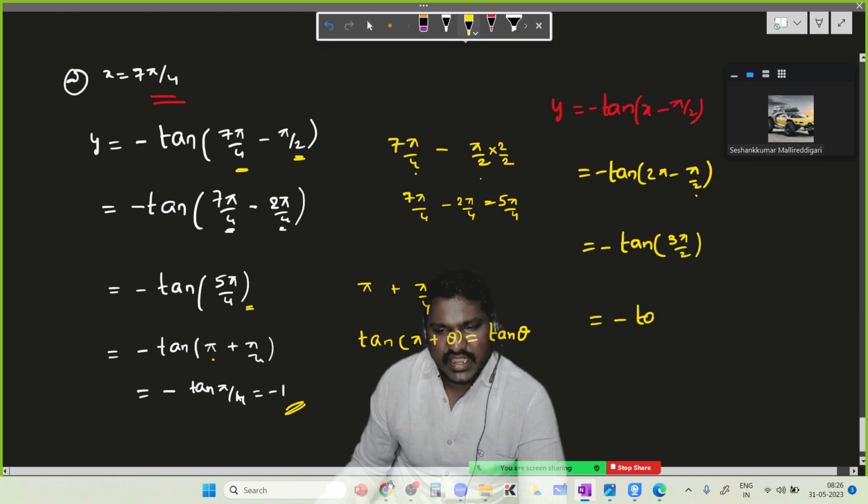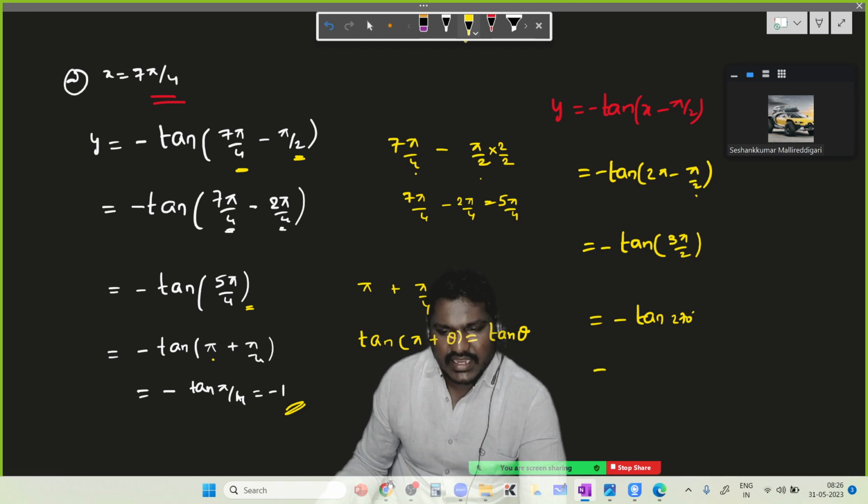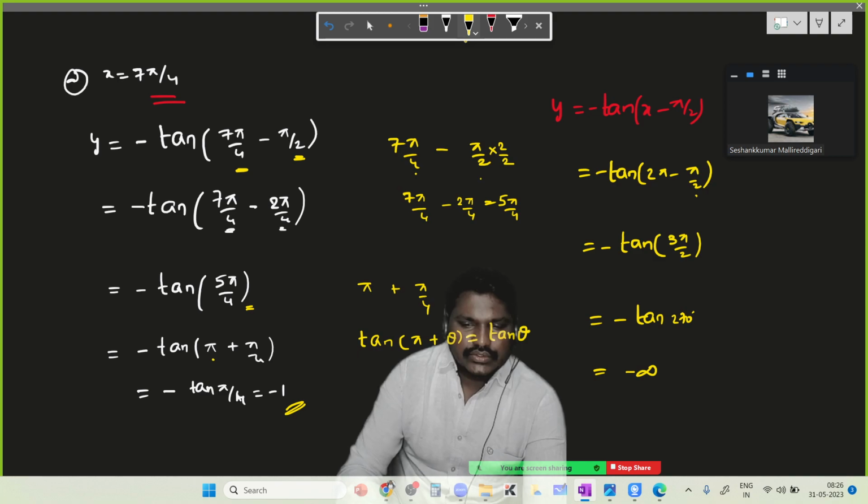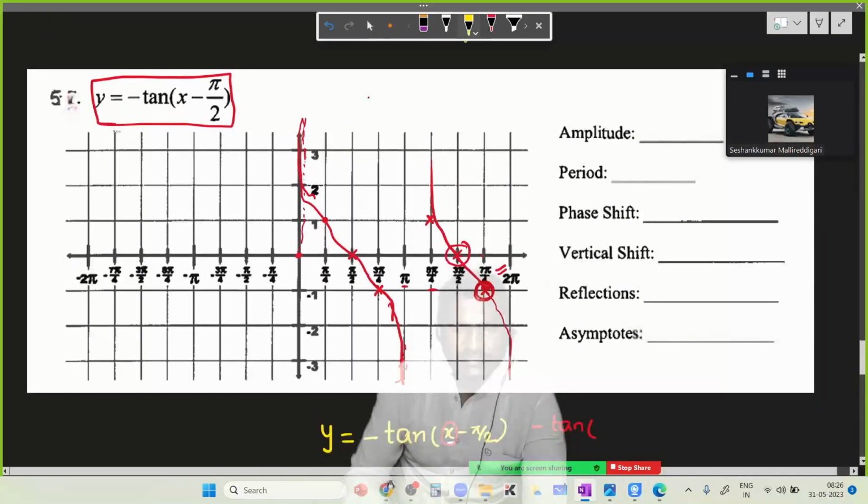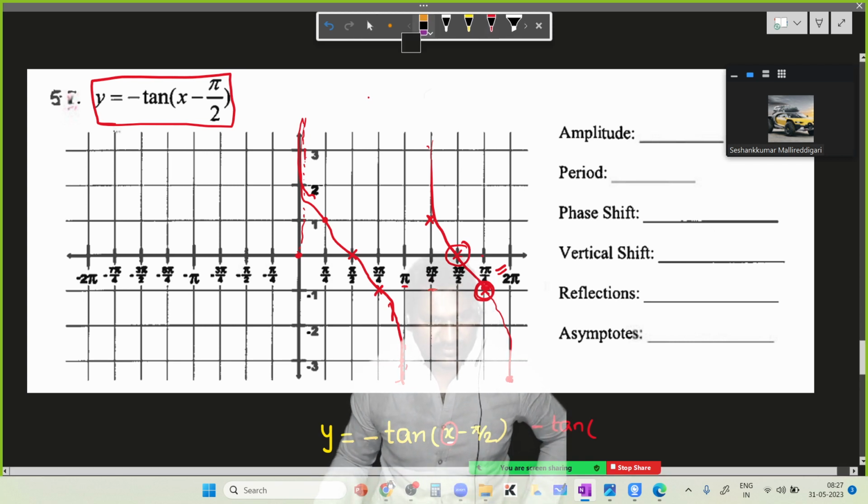So it is minus tan 270. And tan 270 is undefined, so minus undefined. So the value again extends up to minus undefined at 2 pi. So the graph will look like this. It will extend from positive infinity at 3 pi by 4 to 1 here, and again at 2 pi it will become undefined here. I'll just take all the values and draw the graph neatly once again. So please wait here.